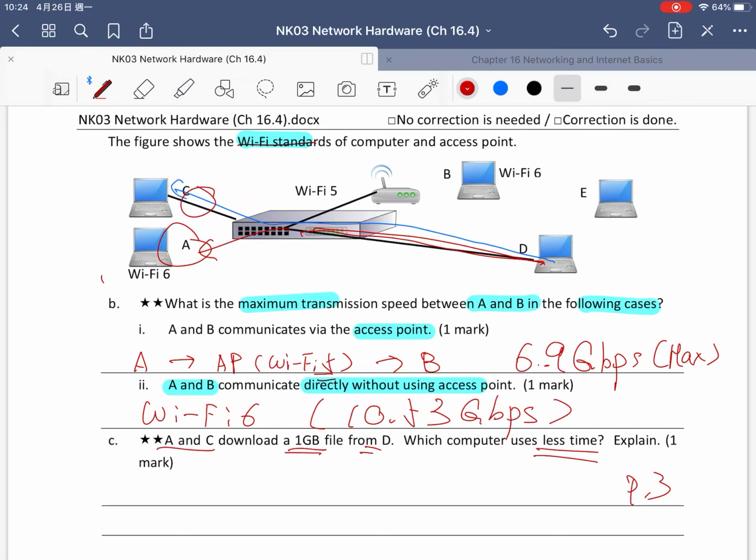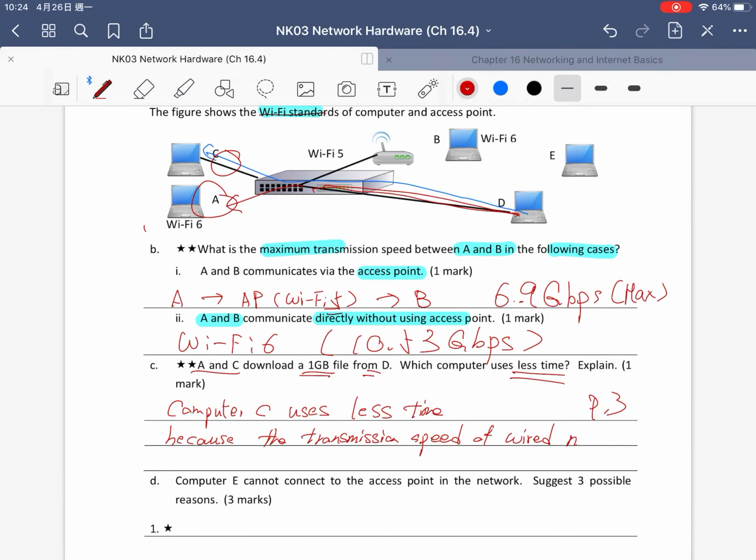For the wired network, the transmission speed is higher. So computer C uses less time because the transmission speed of the wired network is higher.